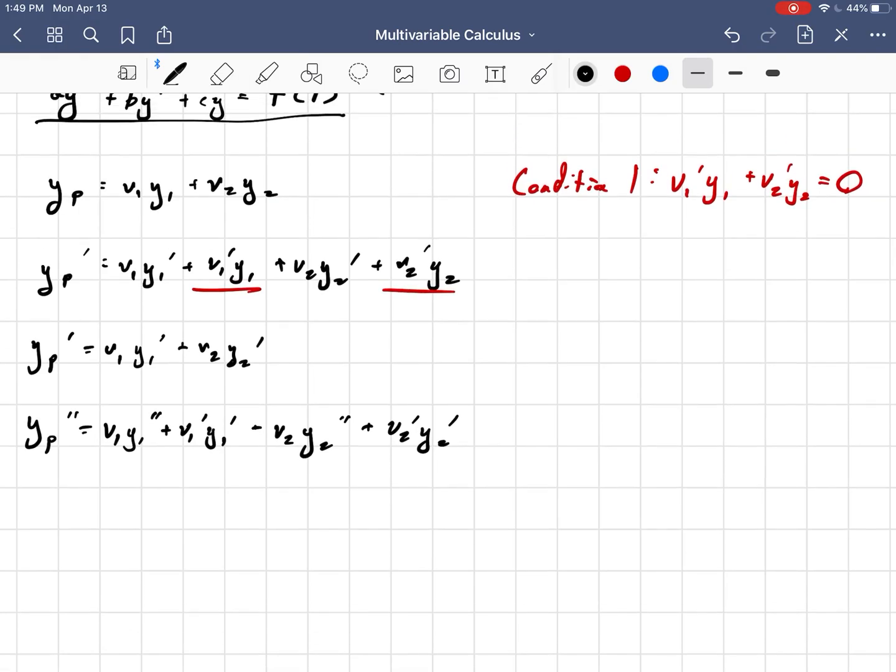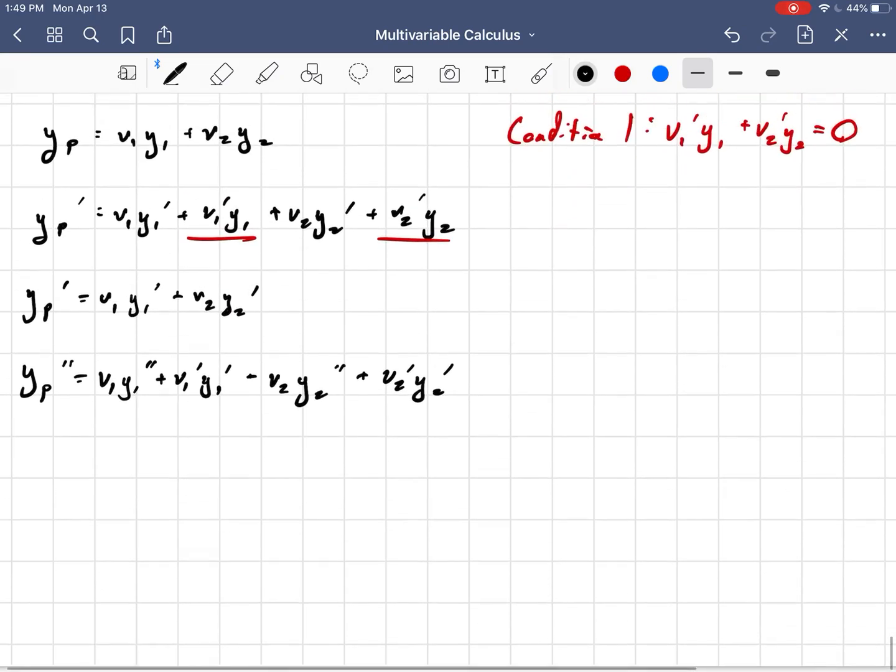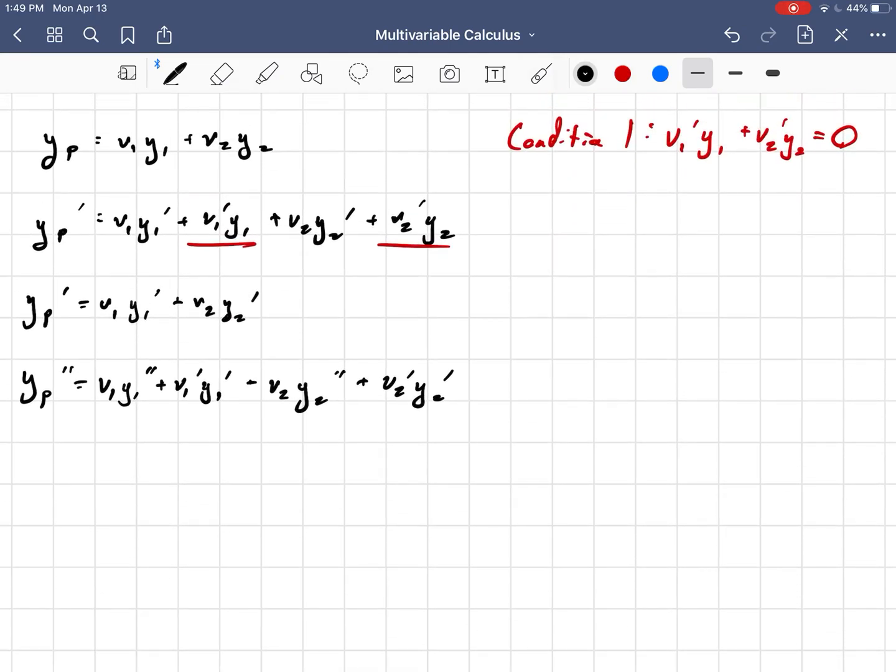And I'm not going to impose any conditions here quite yet, but what I'm going to do now is plug in this and the first derivative into our original equation.